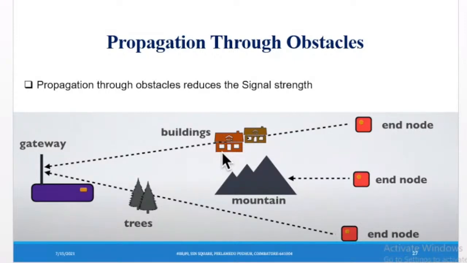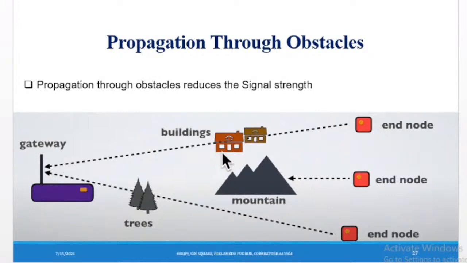If a signal is penetrating through some obstacle, automatically the signal strength will be reduced due to that obstacle. The best example is your mobile. If you place your mobile outside, you'll get full towers. If you place your mobile in some concrete place, under a concrete roof, you'll get only one bar of signal coverage.